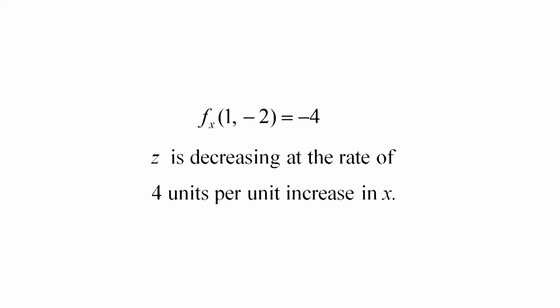Thus, the slope of the surface in the x direction at the point (1, -2) is f_x(1, -2), which is equal to -4. That is, z is decreasing at the rate of 4 units per unit increase in x.